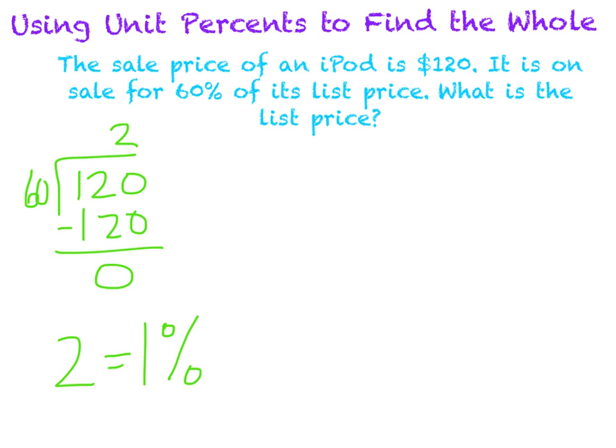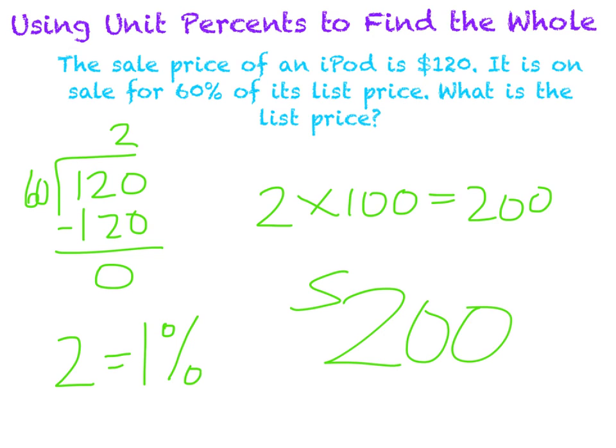If 2 is equal to 1% of the entire cost, then all I have to do now is multiply 2 by 100 in order to get the total original cost of the iPod. This means that the total cost of the original iPod is $200.